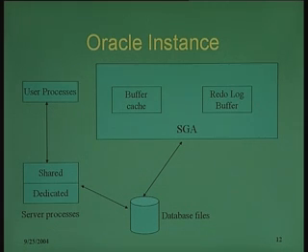So the system global area, which comprises the buffer cache and the redo log buffer, interacts directly with the database files, and user processes and of course the server process interact with the database actually through the SGA, or the system global area.